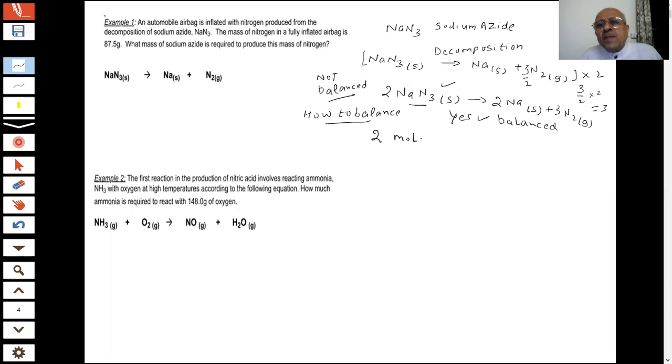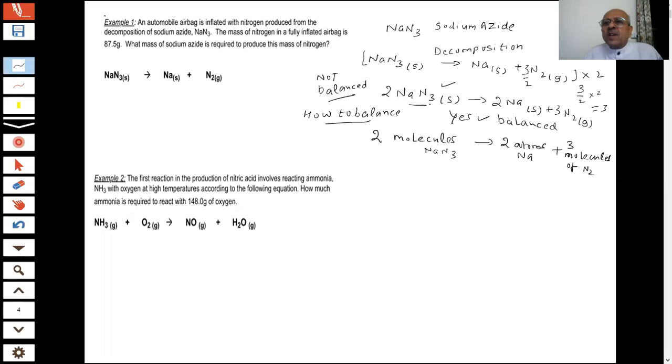Because it is not an atom, it is a molecule. 2 molecules of NaN3 produce 2 atoms of Na, and 3 molecules of N2 gas. Is that what it means? Tell me.